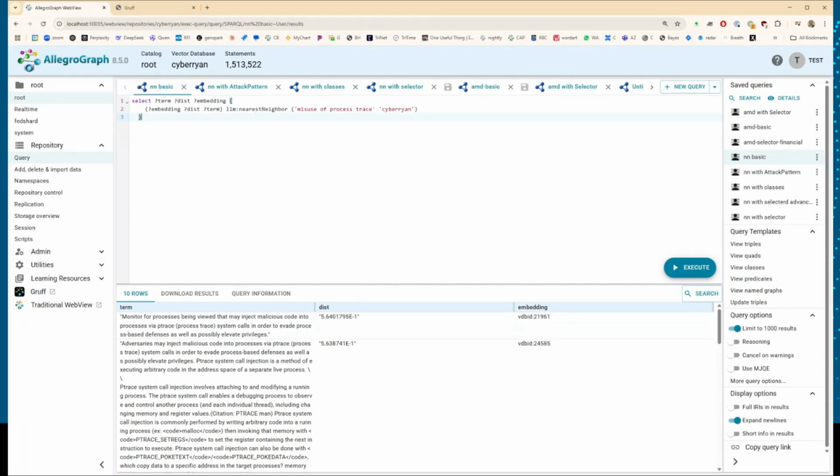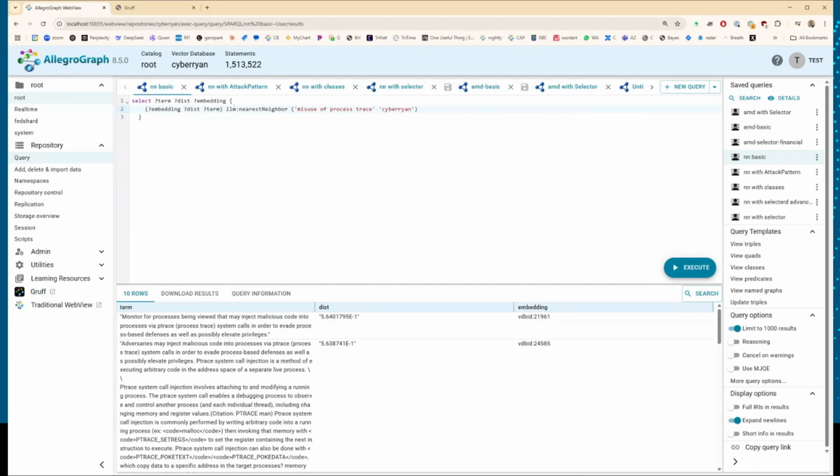And I say, in all the 120,000 strings that I have, which strings are semantically the closest to the little string "misuse of process trace," and use Cyber Ryan as the vector store.